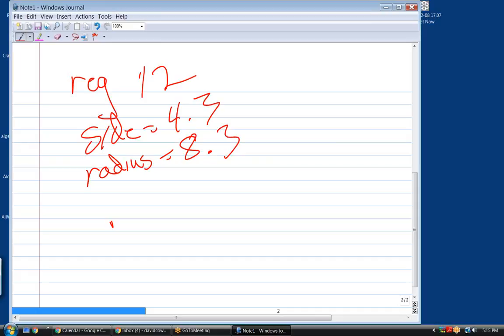The radius is the apothem, right? No, actually. The apothem goes from the center at a 90-degree angle to the middle of the side, whereas the radius goes to the vertex of the side.